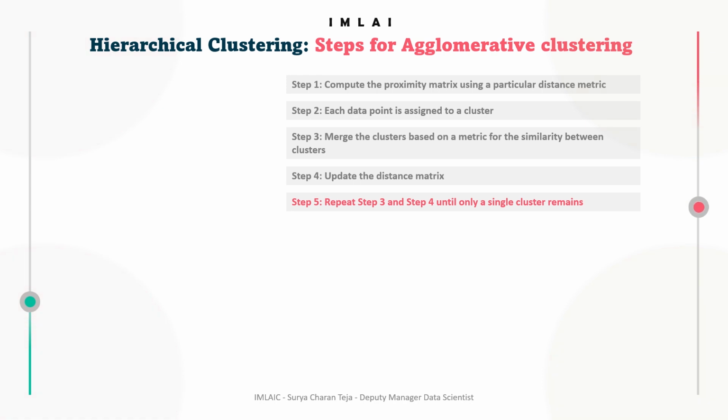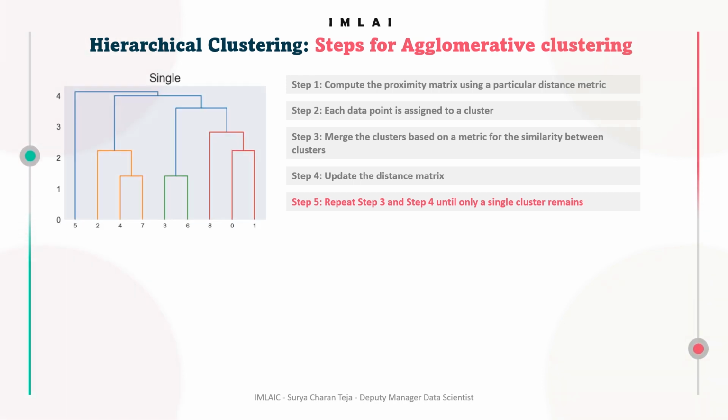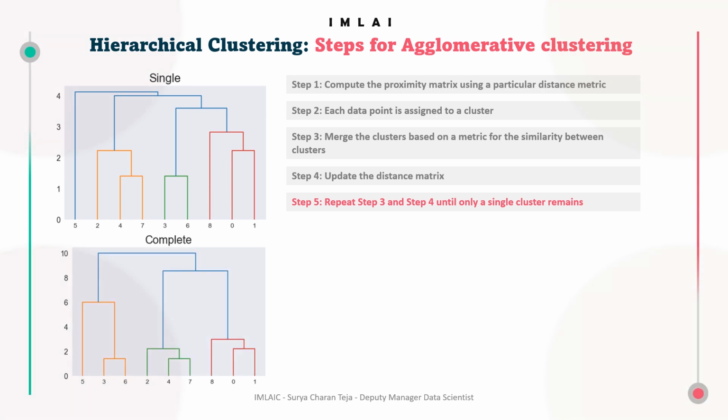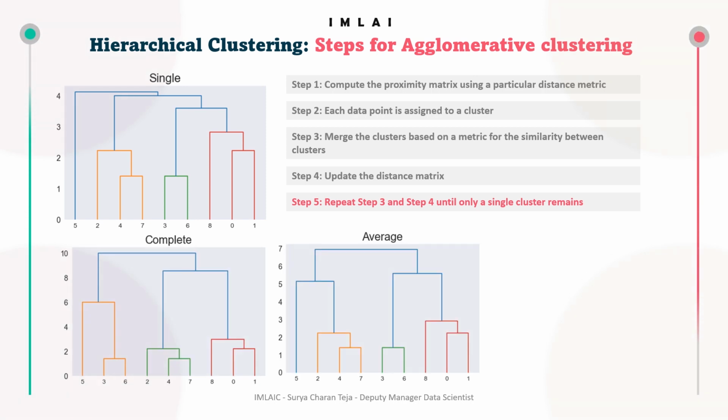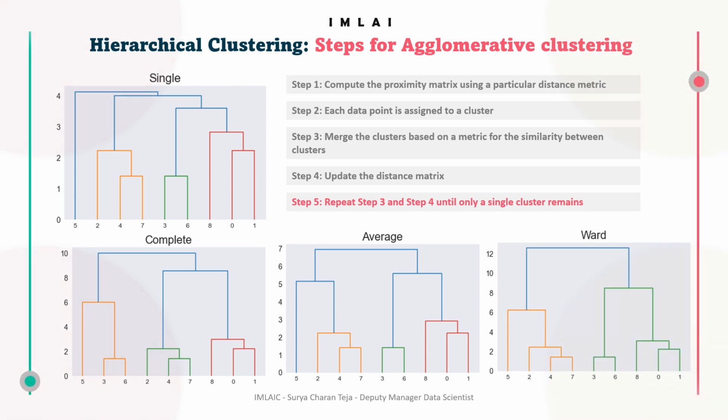And after doing that, in the third step, we have used single or min linkage method, complete or max linkage method, average linkage, Ward linkage methods and centroid linkage methods, and these are the results. But I find Ward linkage is giving the better results, so that is the reason. Let's explore more about that.